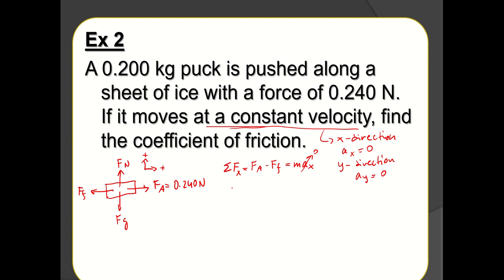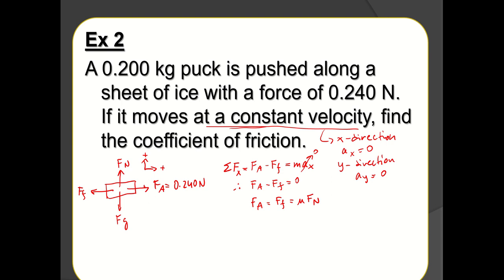So I can rewrite this and say, therefore, my Fa minus Ff equals 0. Then we can rewrite this one more time and say that my Fa is going to equal Ff. And Ff equals mu Fn.